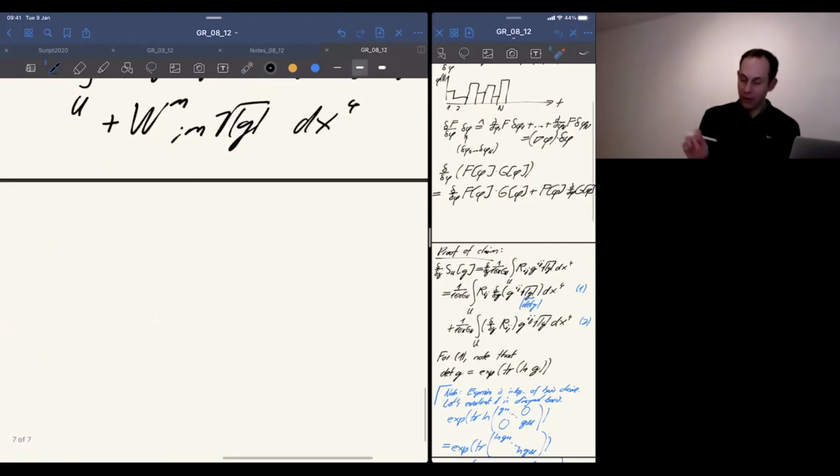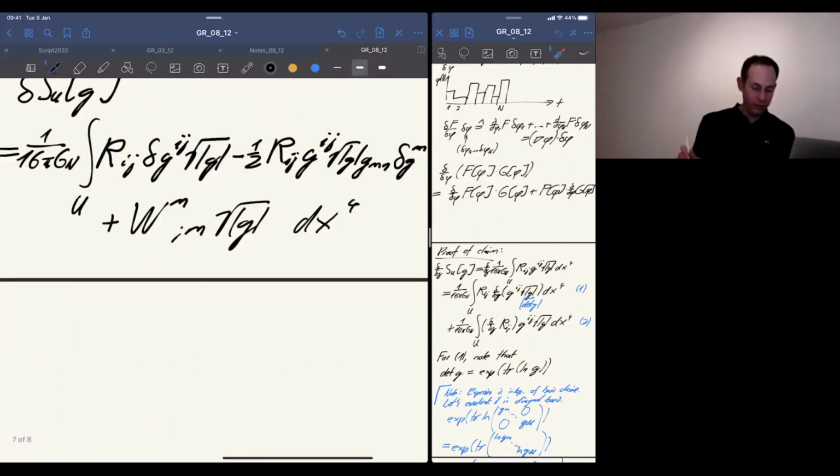Okay, now we have a long integral to solve, but it's not as bad. Note that we can easily rewrite it and bring it into a form which already looks extremely promising. So first of all, we have this term R_ij, and I'll take the delta G^ij out of the bracket later.